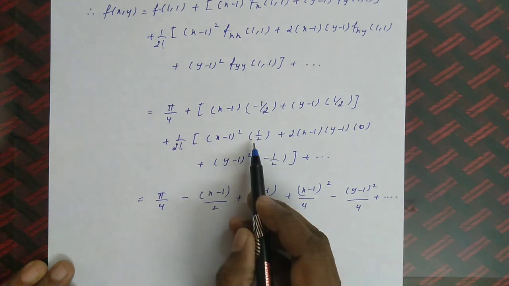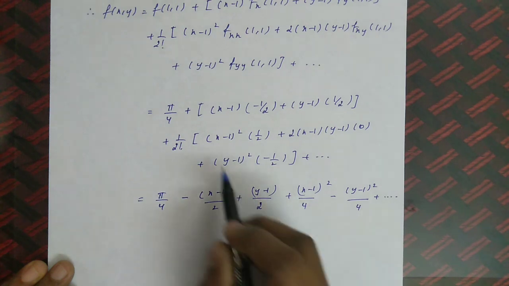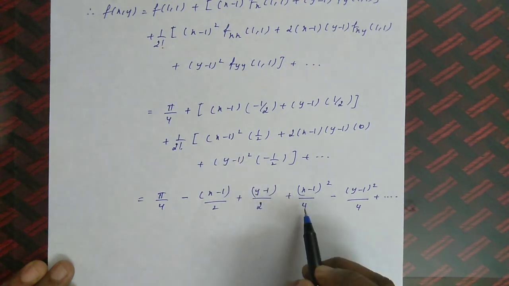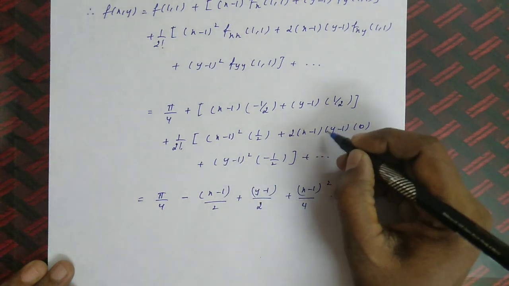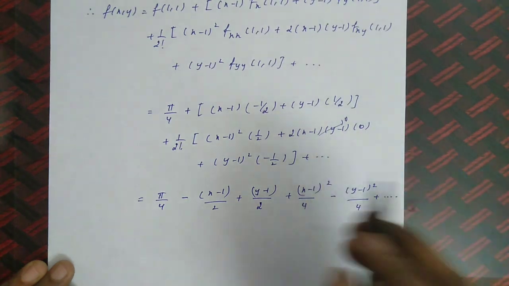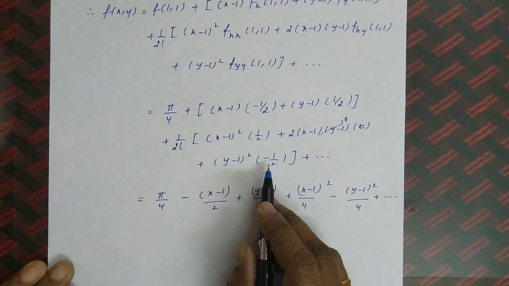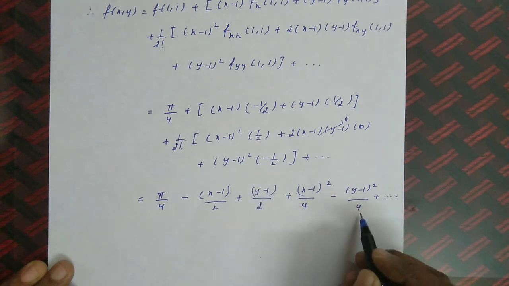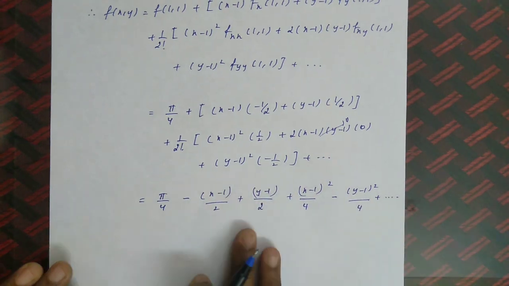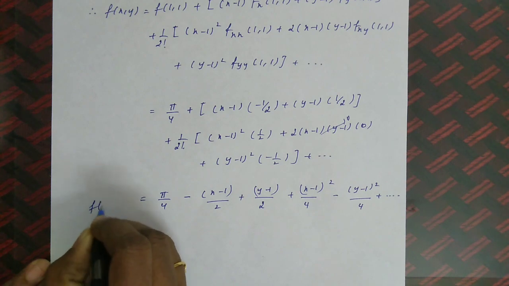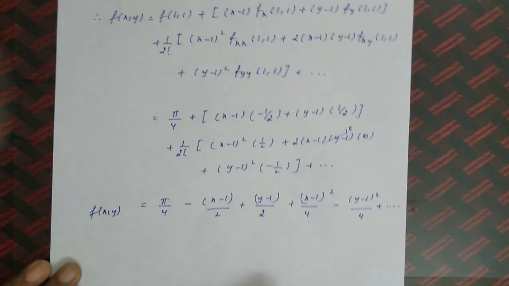So 1 by 2 into 1 by 2 we can get 1 by 4. So we get (x minus 1) the whole square by 4, and the whole cross term will become 0. Okay, 0 and anything, 0. And the last term is minus, here one minus is there, so minus (y minus 1) the whole square by 4, plus etc. So this is our required Taylor series for the tan inverse of y by x.